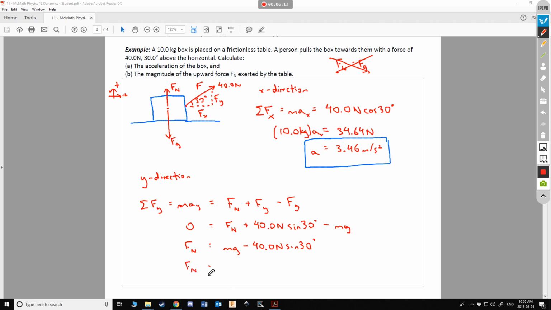So Fn is 10.0 kilograms multiplied by 9.81 meters per second squared, minus 40 sine 30, which is just 20.0 newtons. So you get 10 times 9.81 minus 20, which is 78.1 newtons.